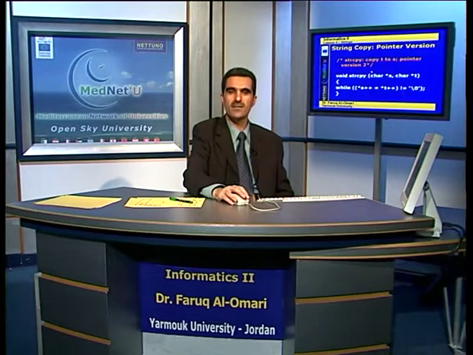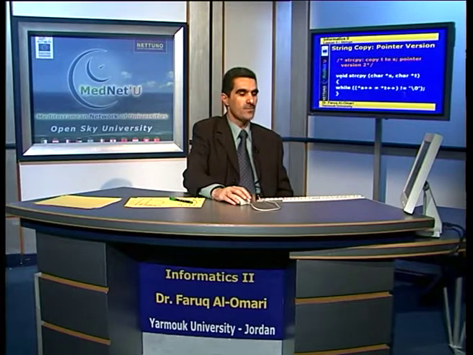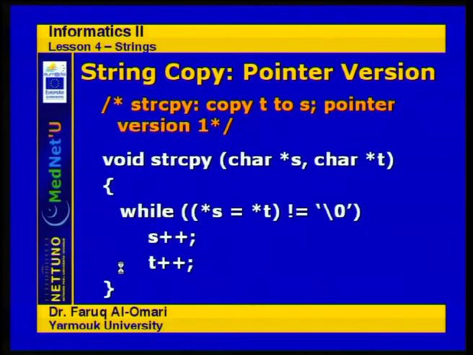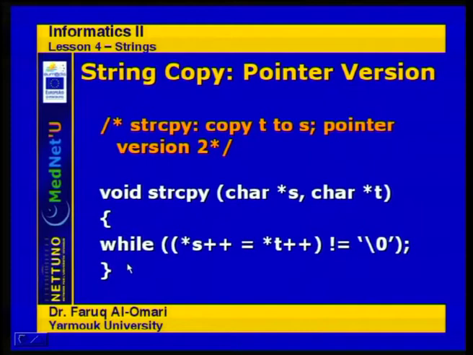Here's another way of writing or saying the same thing using pointers. Well, it's more compact this time. It's exactly the same as a matter of fact, but instead of having an explicit increment down here in the loop, I'm doing that inside the loop, and this is post increment, as you all know from C. So first, I'm going to make the copy and then increment this pointer, increment this pointer.